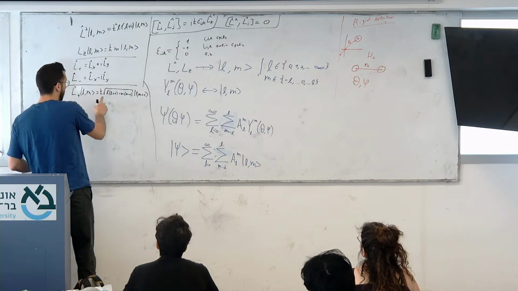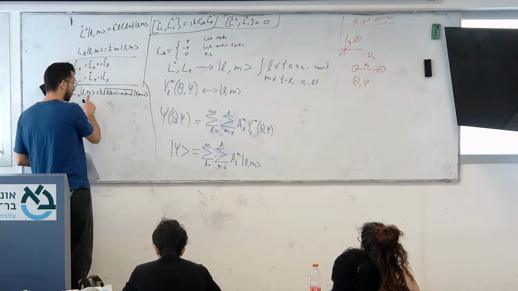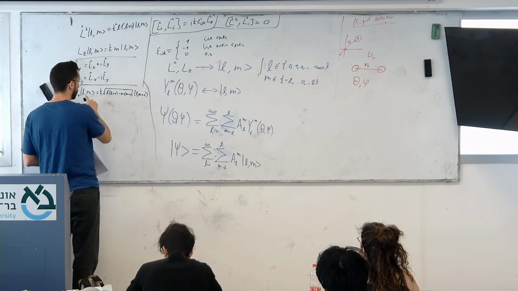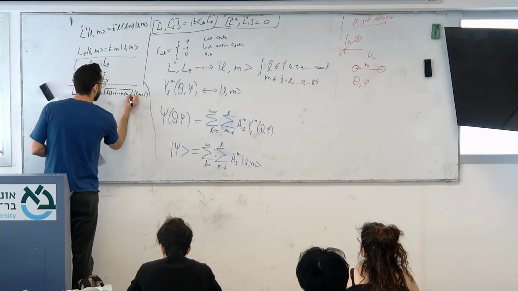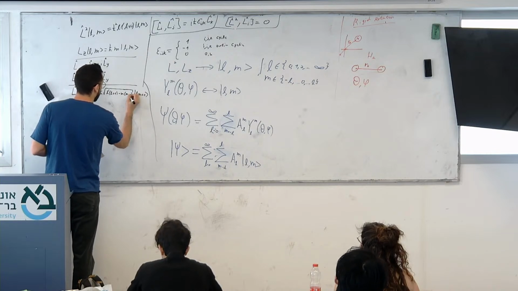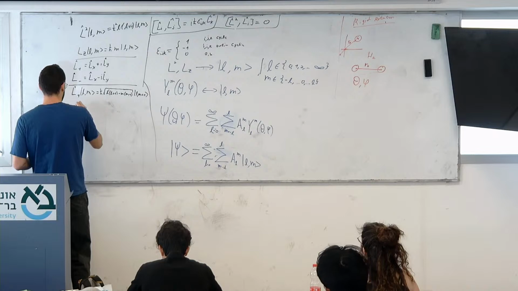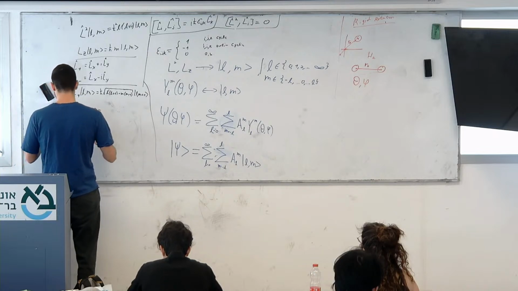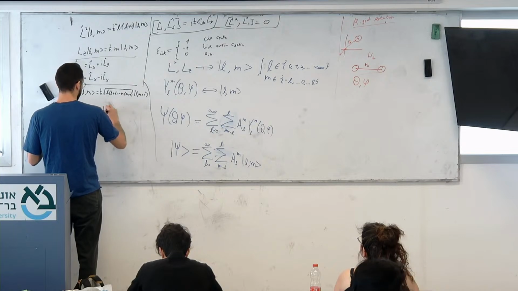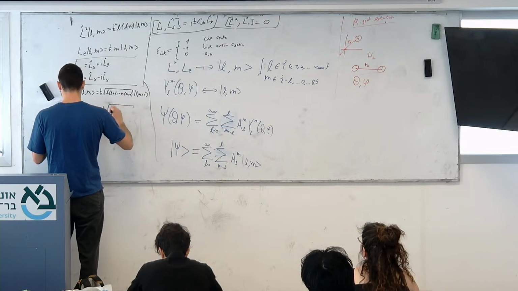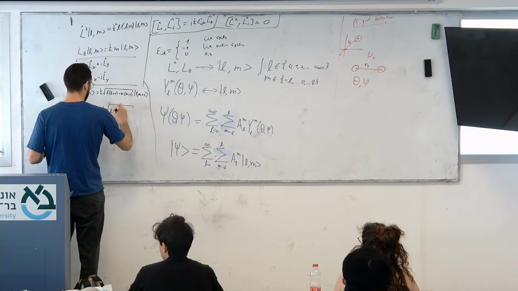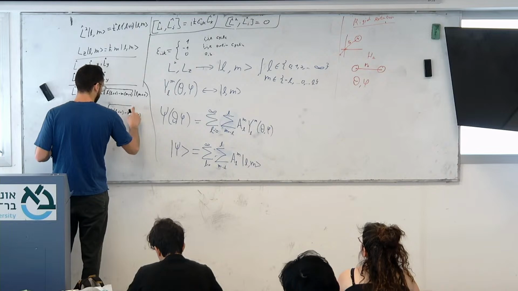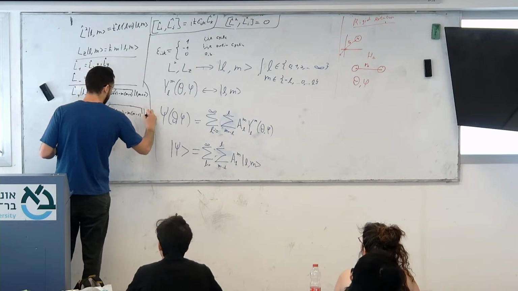So L plus raises the projection on the z direction by 1. From M it goes to M plus 1. L minus on |L, M> is equal to ħ square root of (L plus 1 minus M minus 1)... |L, M minus 1>.